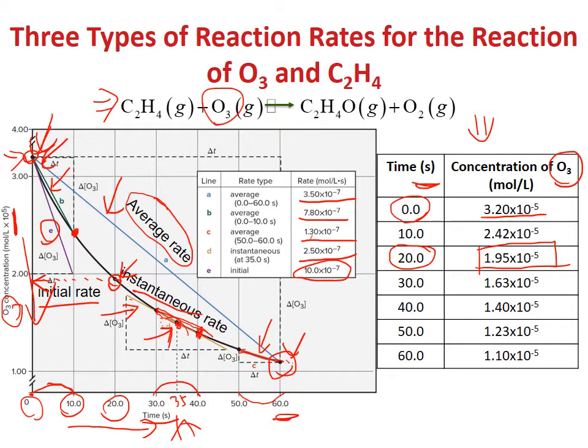In general, initial rate is higher than any instantaneous rate at later times. This is because at the beginning, you have lots of reactants, and so you have the highest reaction rate. With time, reactants are consumed, so the concentration becomes smaller and the reaction rate decreases.